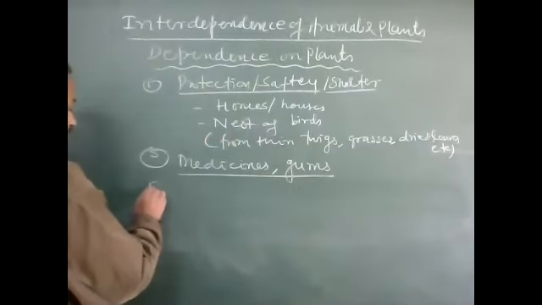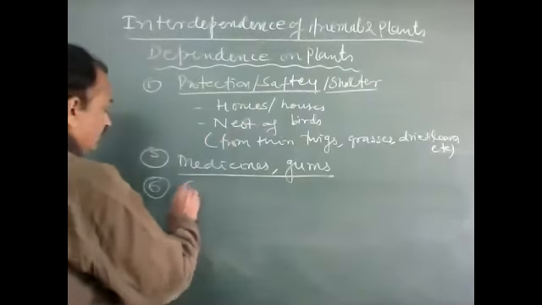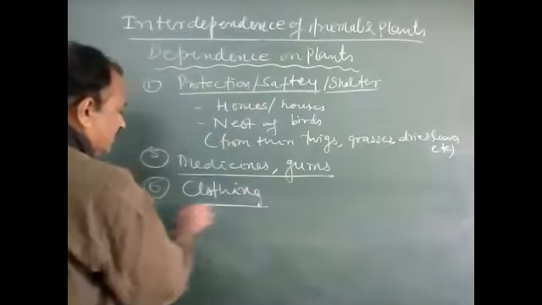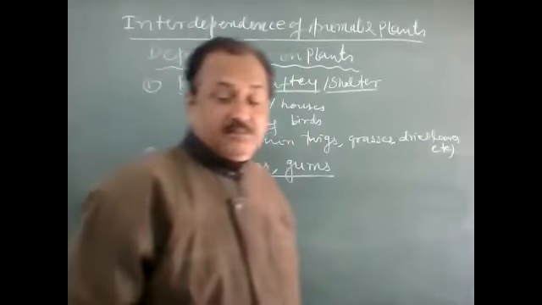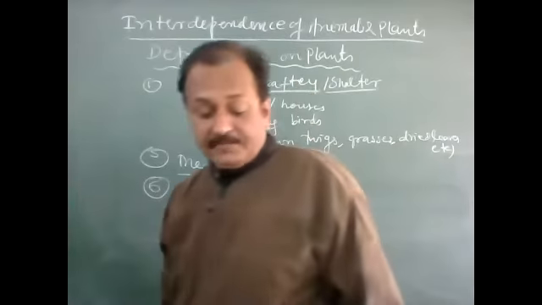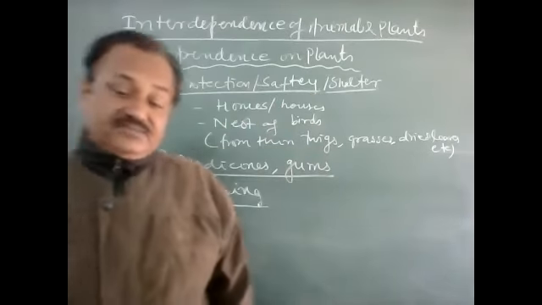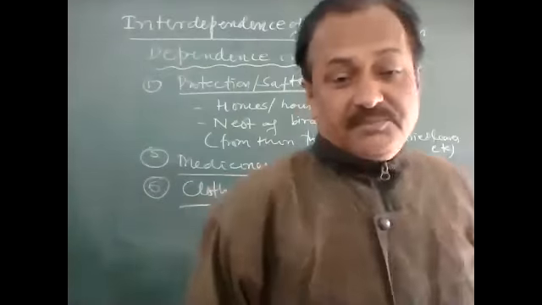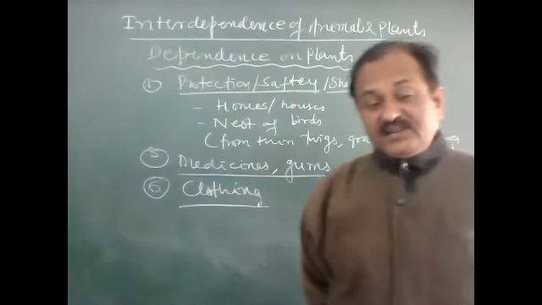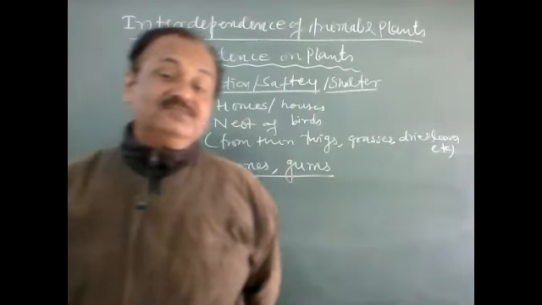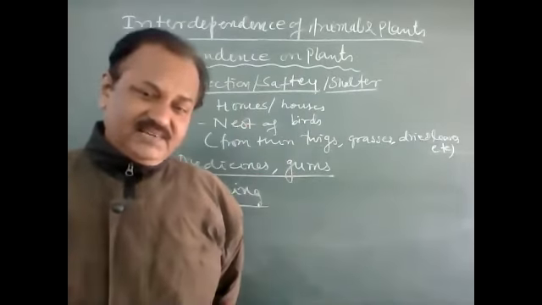Then clothing. Clothing is a very important aspect. You all know, no doubt, clothes are made from synthetic substances also, but basically cotton. All of you must know about the cotton, the rajai, the quilt. Rajai or quilt, it is made of cotton. Initially, it is made of cotton.